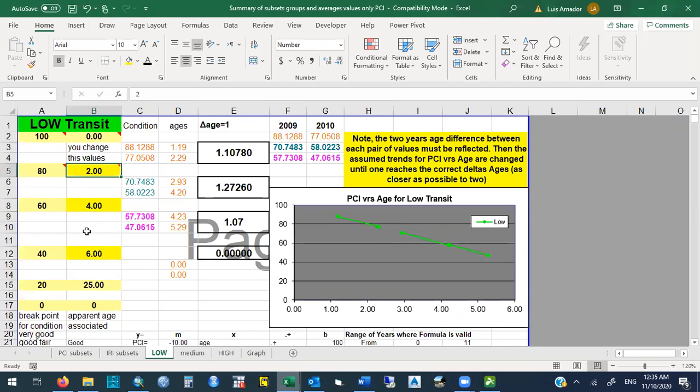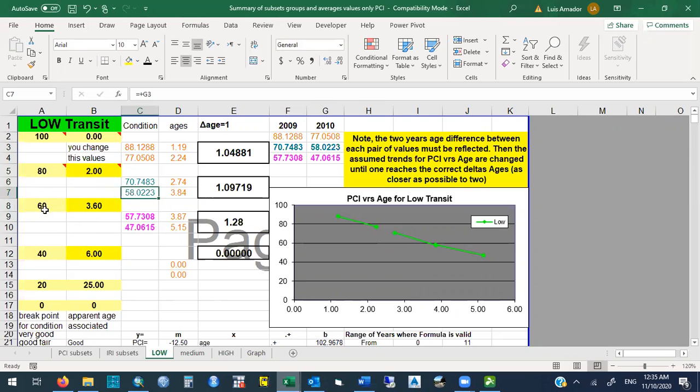You see how they're all related? You change one, the other one changes, right? Yes, because one of these values is going below the point.